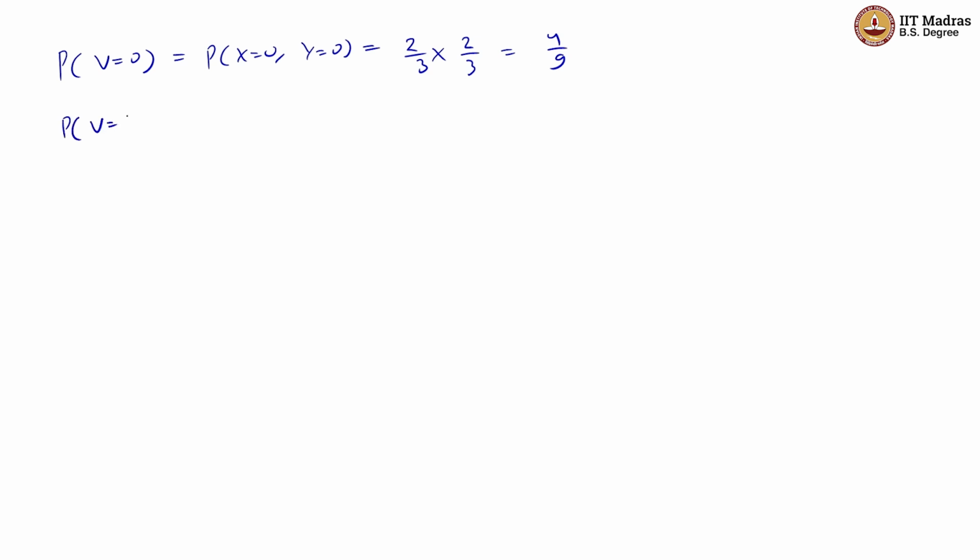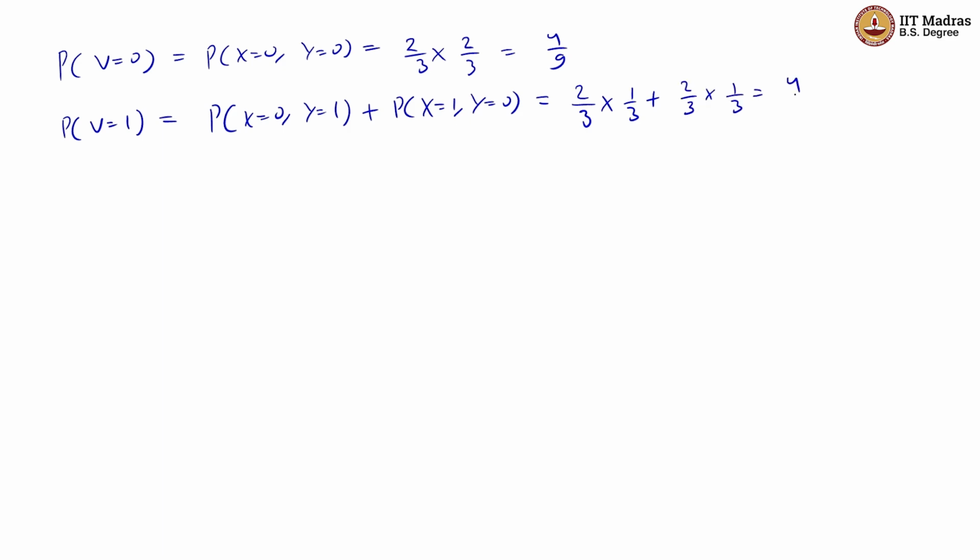Now the probability v is equal to 1 is equal to probability x is equal to 0, y is equal to 1 plus probability x is equal to 1, y is equal to 0. So here also we will write joint as product of marginal. So the probability will be equal to 2 by 3 into 1 by 3 plus 2 by 3 into 1 by 3.